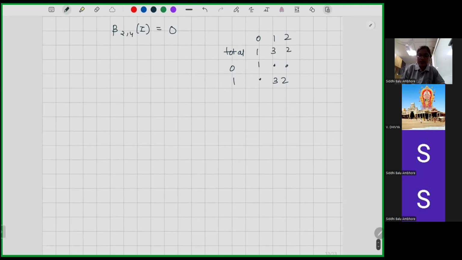So if I look at it as a table, gamma i,k is actually beta i,i+k. So what I want to find is beta 2,4. So it is beta 2, 2+2, right? So it is gamma 2,2. So second row, second column.